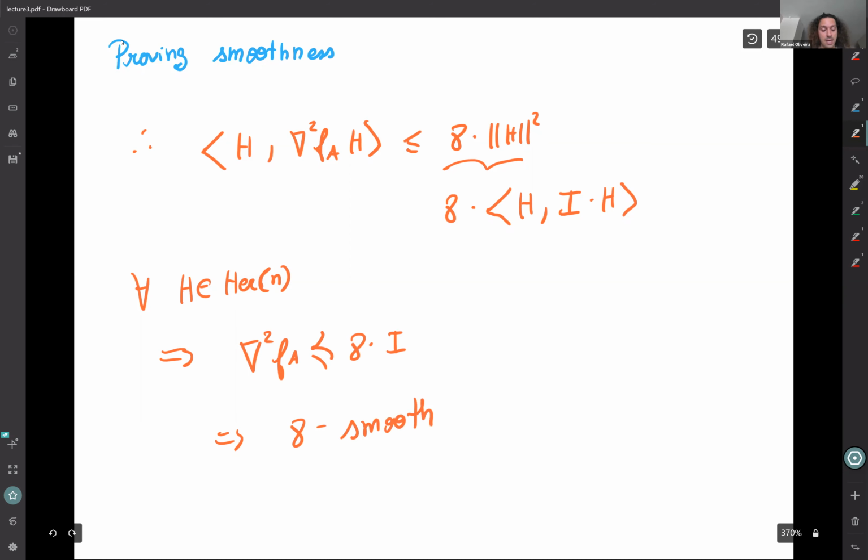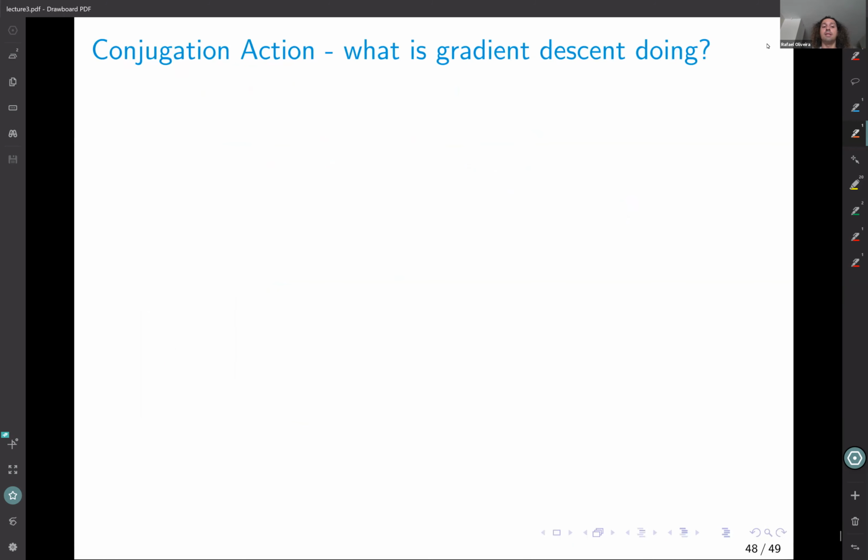So now we prove that our function is convex, and we prove that the function is 8-smooth, so we can run the gradient descent algorithm and we get the convergence that we would like. And now that we did this, let's analyze what gradient descent is doing.